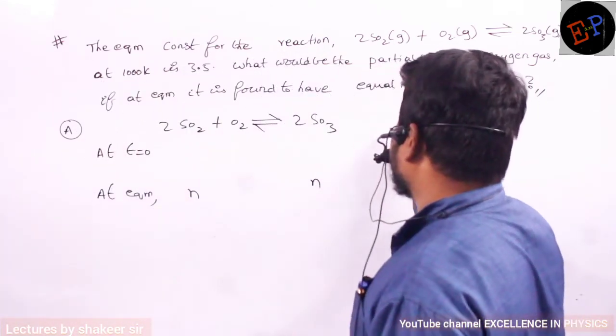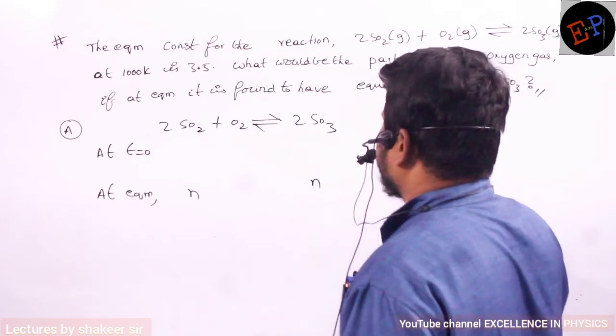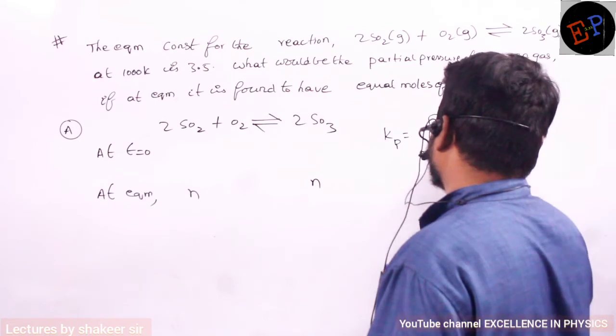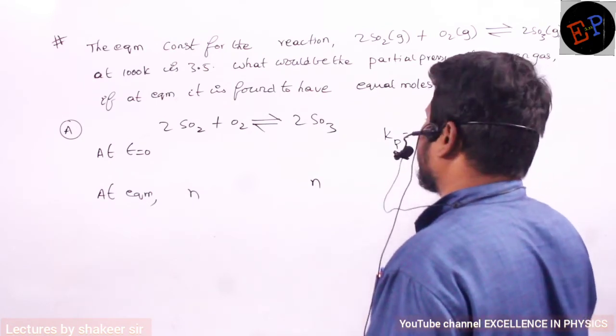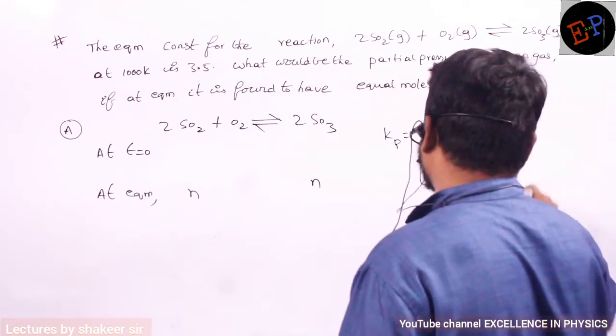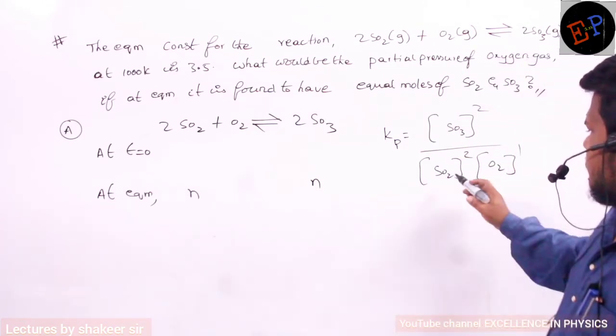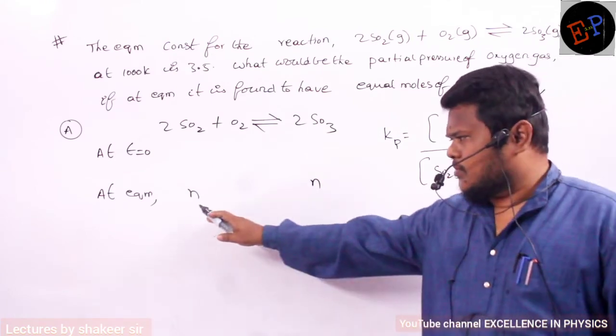So how can I write the Kp value? Concentration of SO3 to the power of 2 divided by concentration of SO2 to the power of 2 multiplied by concentration of O2 to the power of 1. This is how I have to write. And see here, SO2 and SO3, the same number of moles are present.